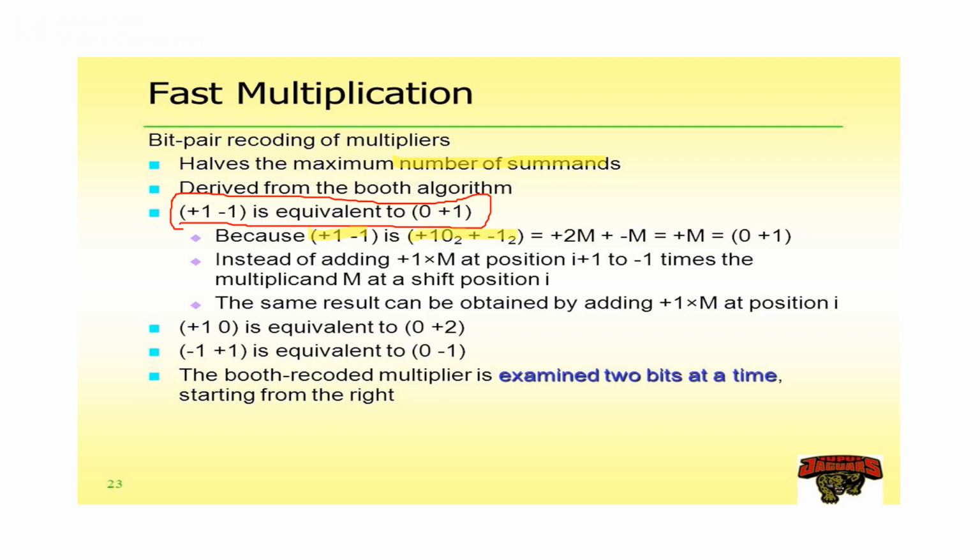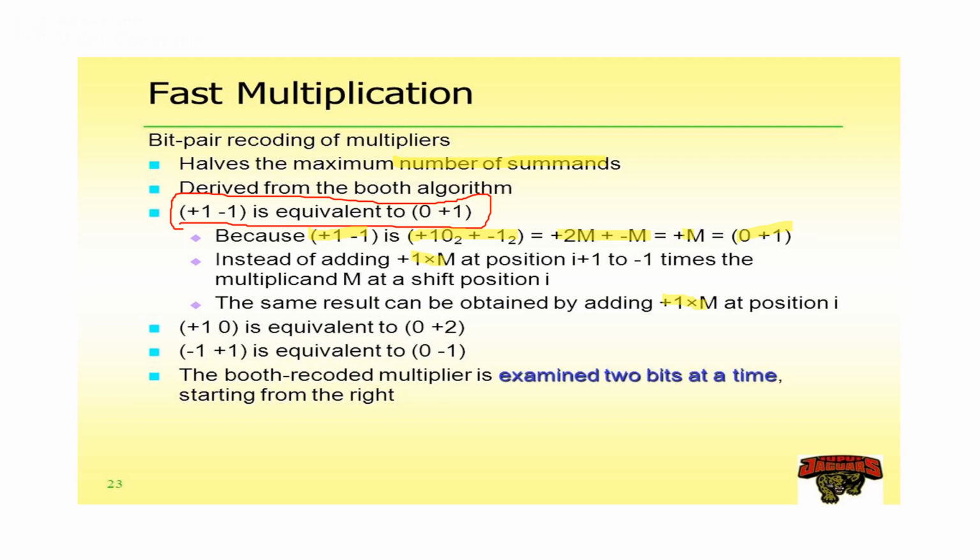That is plus 2m plus minus m, which is equal to m, which is equivalent to 0 comma plus 1. Instead of adding minus 1 times the multiplicand M at shift position i, the same result can be obtained by adding plus 1 times M at position i.